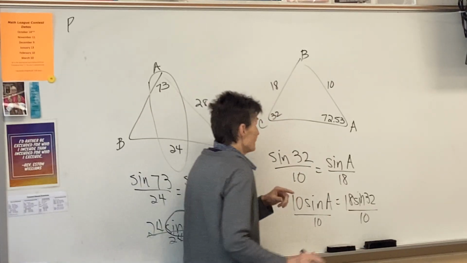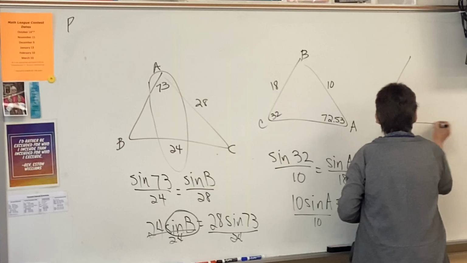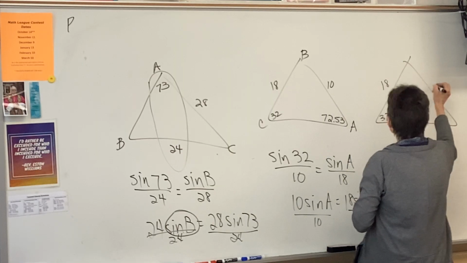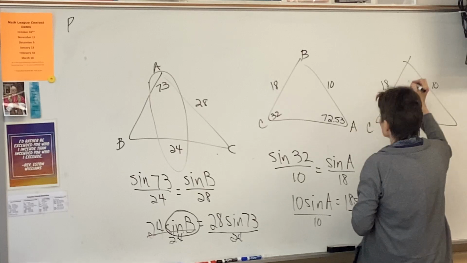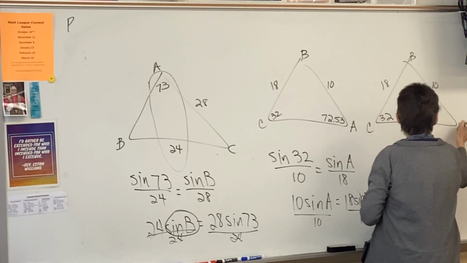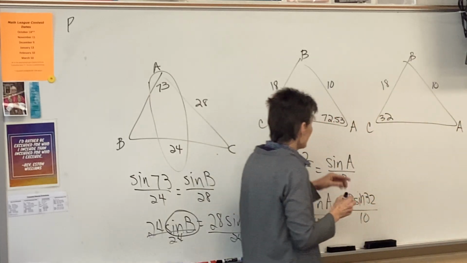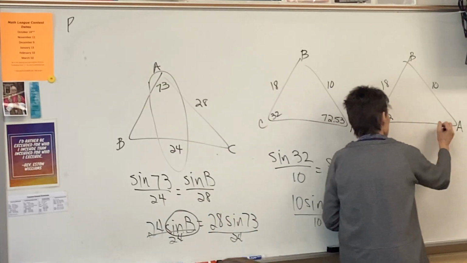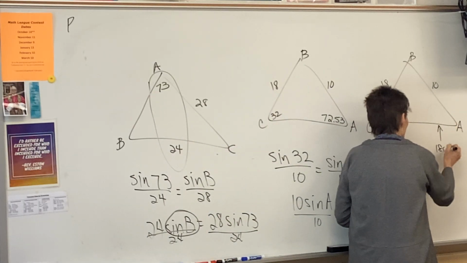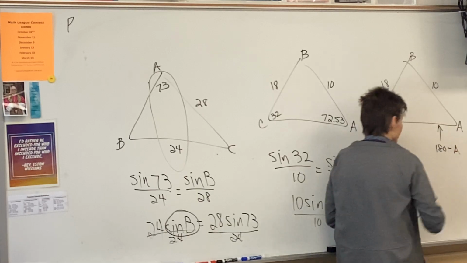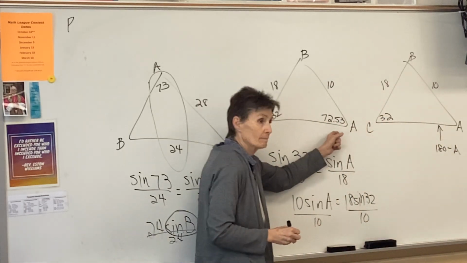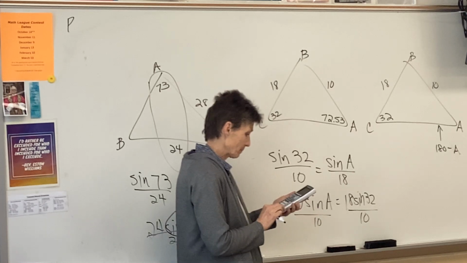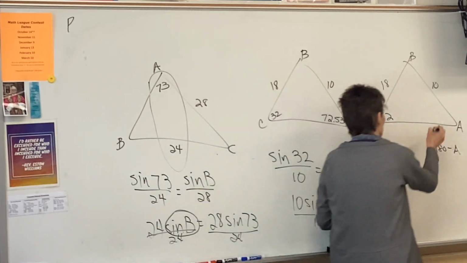But I gotta check to see if there is another A. If there is another A, it is 180 minus the first one. So let's see, what would that be? 107.47.